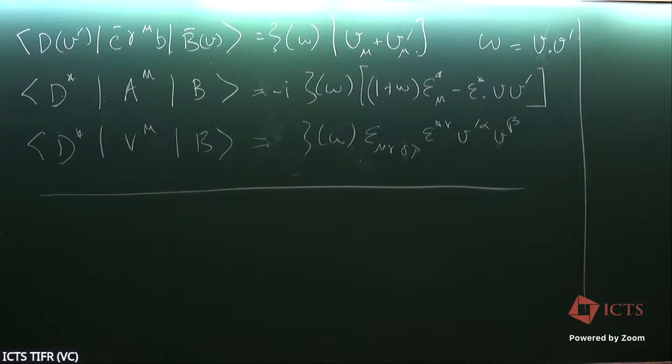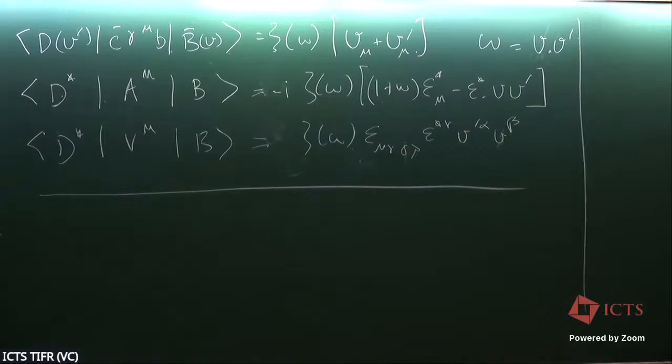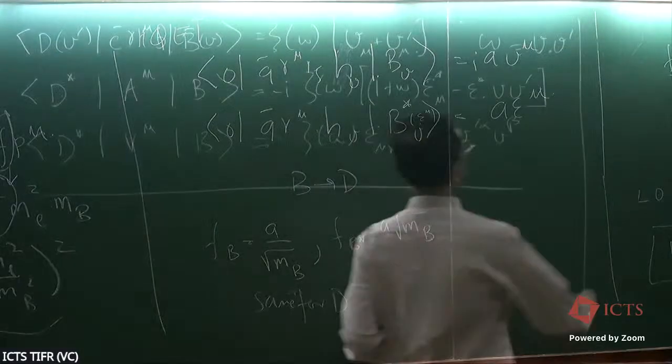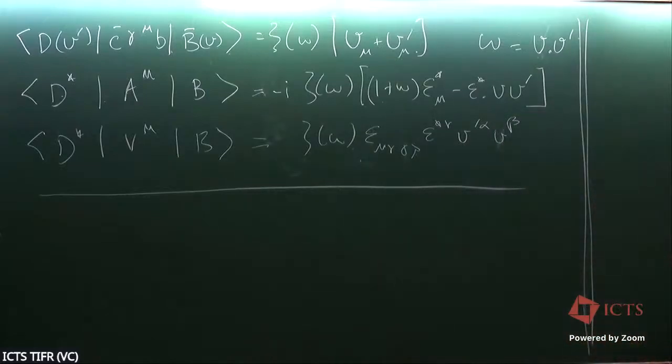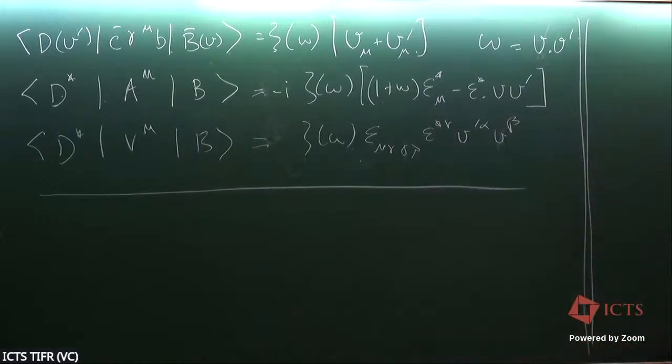Now, I'll just focus on the case of the heavy light system, and see how the matching between HQET and QCD is done, and how you run down from a scale around the mass of B to a lower scale.